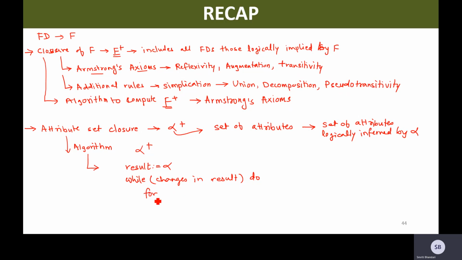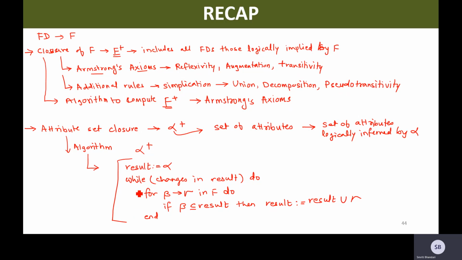Here we have a for loop: for every functional dependency of the form beta determines gamma in F, do. If the left hand side beta is a subset of result, then result is updated as the old result union the right hand side of the functional dependency, gamma. Right? And this is the end of our loop and end of our algorithm. So this is the algorithm that we make use of to compute alpha plus.